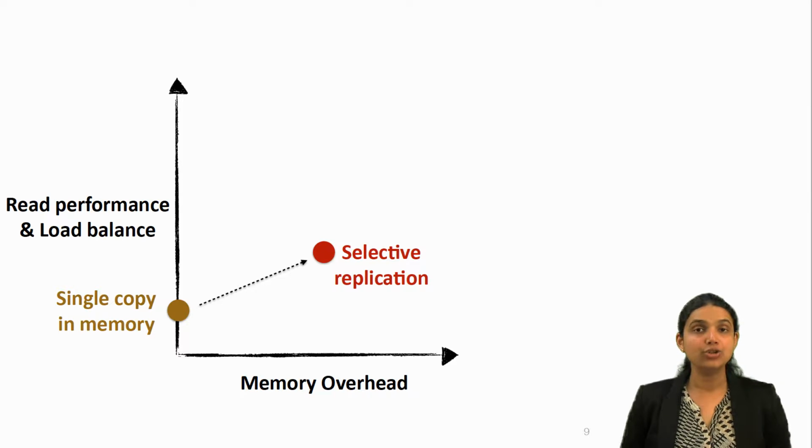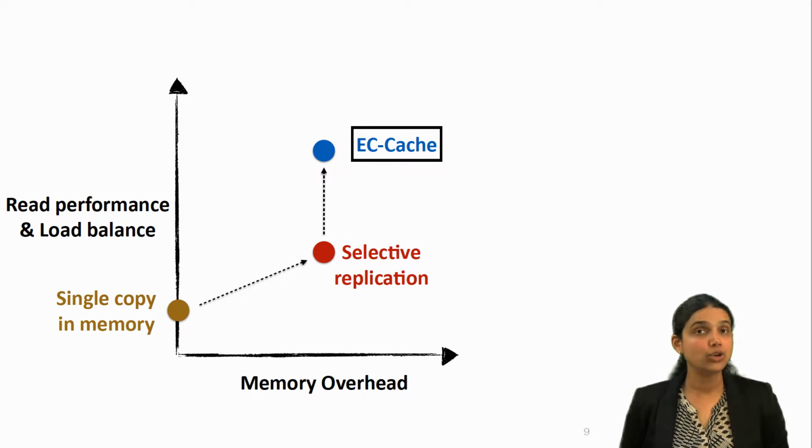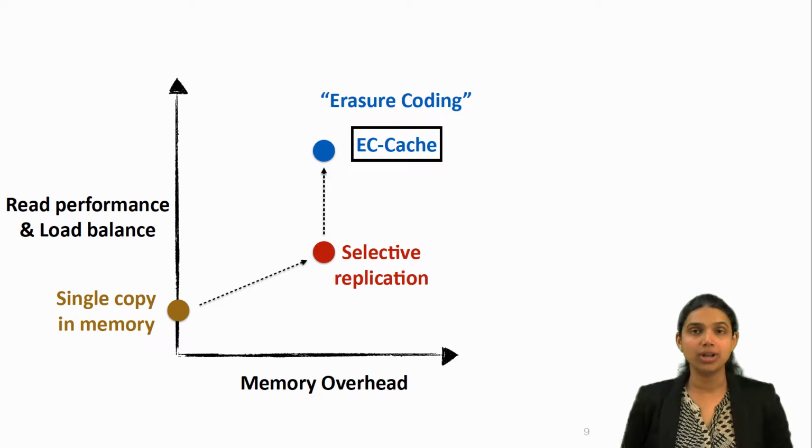Selective replication uses certain amount of memory overhead in order to improve read performance and load balance. We present EC-Cache, which is a new cluster caching solution that uses the same amount of memory overhead as selective replication, but significantly improves read performance and load balance. EC-Cache achieves this using a tool called erasure coding and employing its properties when serving read requests.